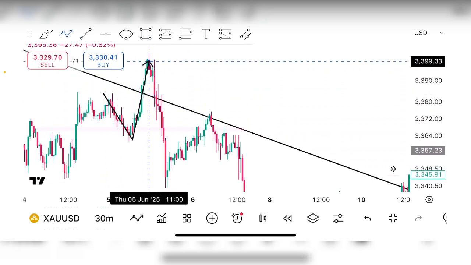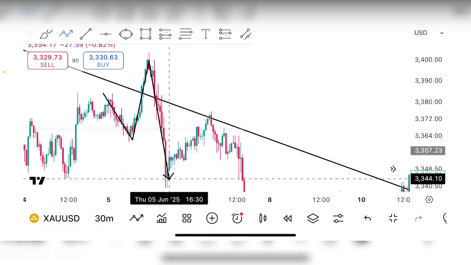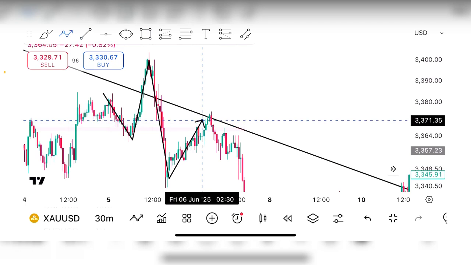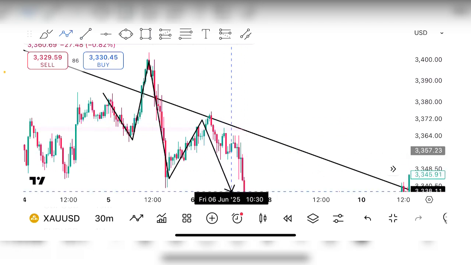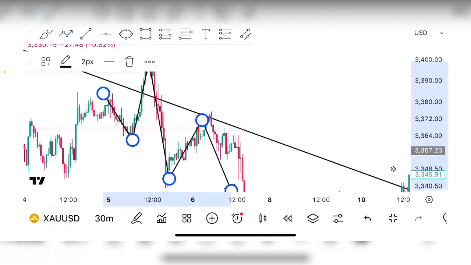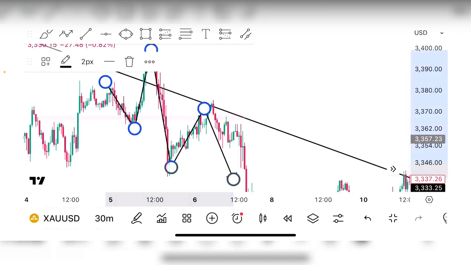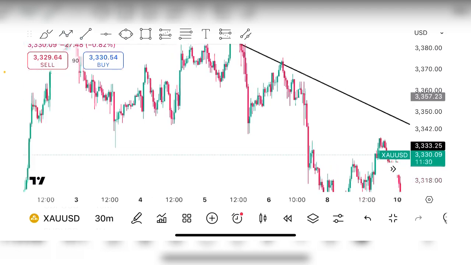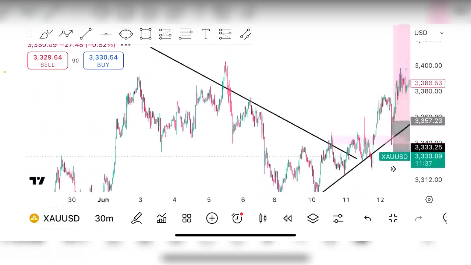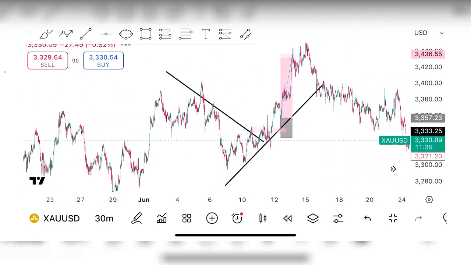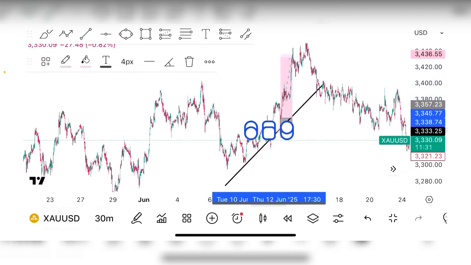Lower low, lower high, price broke past the former lower low, came back to retest, then went down. This is a resistance entry model. There are different types of entry model I use, but the ones I'm showing you guys are the resistance and support entry models. We have other entry models.